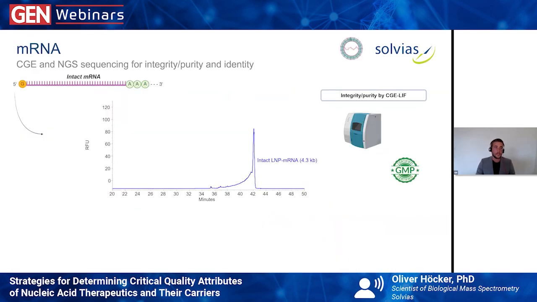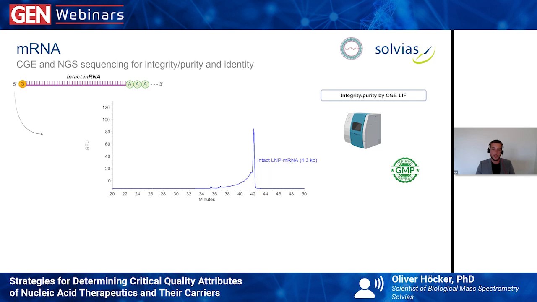If we want to analyze the integrity of mRNA, then capillary gel electrophoresis with fluorescent detection is the best way to go. The separation efficiency, the resolution is unmatched compared to chromatography. And here we extracted an mRNA out of an LNP system, similar to the COVID vaccine, with 4,300 bases.